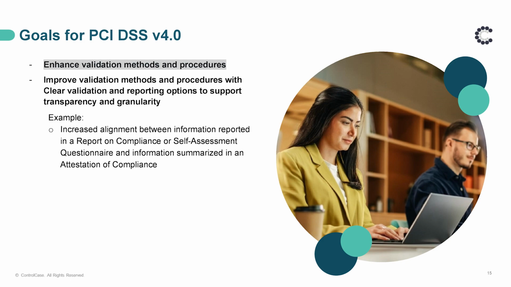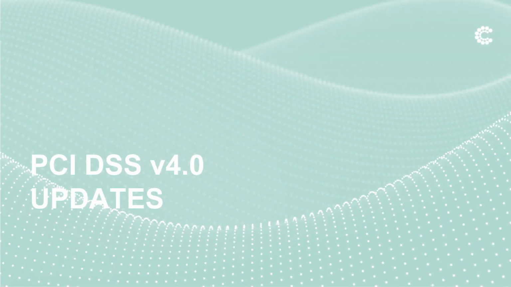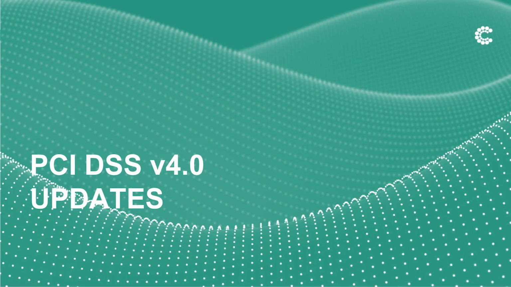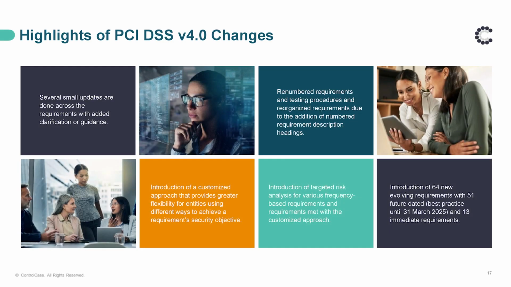So you will see the information is very much aligned between these different reporting formats. Now, with these 4 goals which they kept in front of them while they developed the standard, let's dive into what those changes are. So first, highlights of DSS 4 changes.